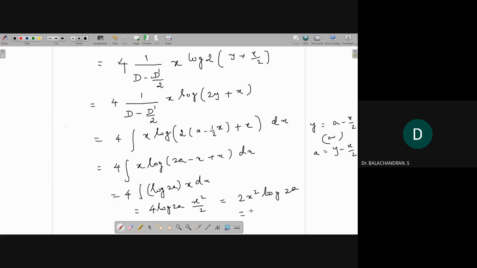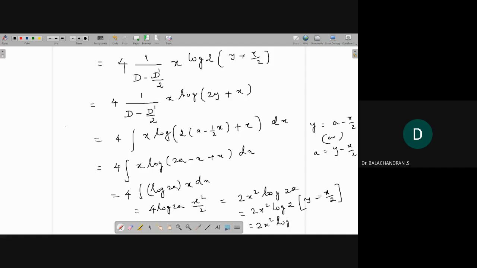So this is equal to 2x square log 2 into a, where a is y minus x by 2. So final answer is 2x square log of 2y minus x.